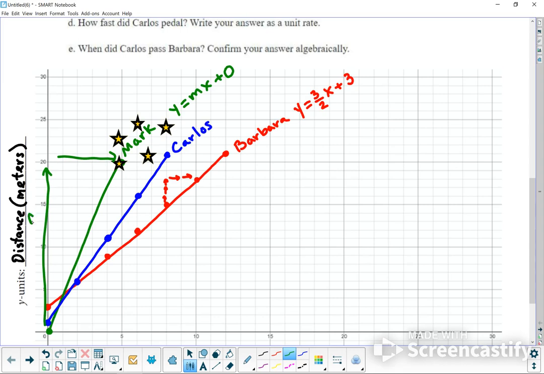Right, so change in y would be 20, and change in x would be 5. Right, so for Mark, his m would be up 20 and over 5. Okay, and 20 divided by 5, you probably know what that is, but that's going to be 4. So Mark's equation, you can leave as 20 over 5x plus 0, or if you want to make it even better, actually, you can rewrite it as a very simple y equals 4x. Okay, and you don't need to put plus 0.